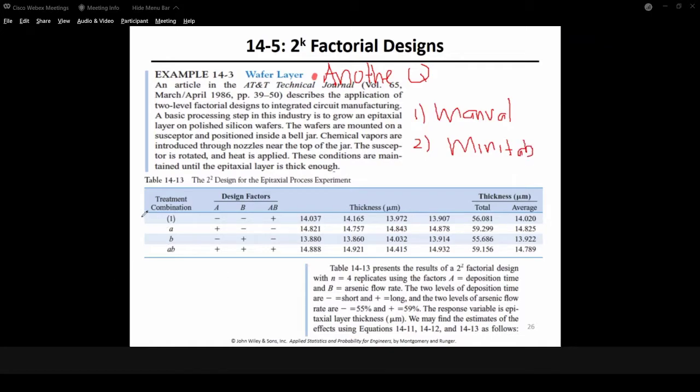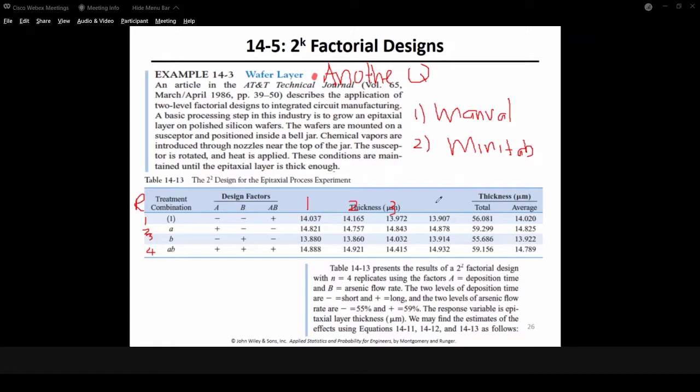This is run 1, run 2, run 3, run 4. This is standard order design, given here, and then you have 4 replicates.